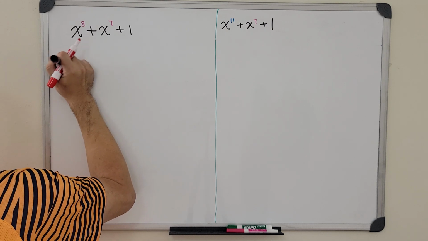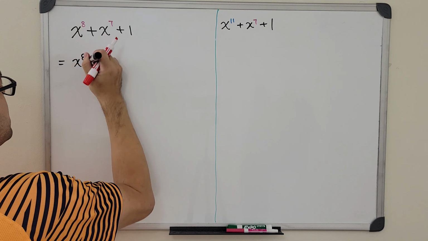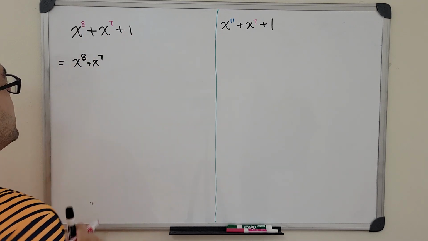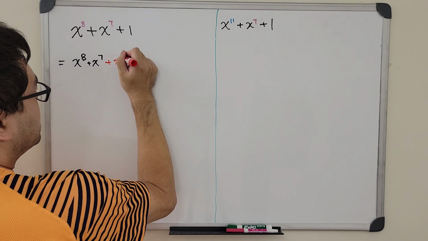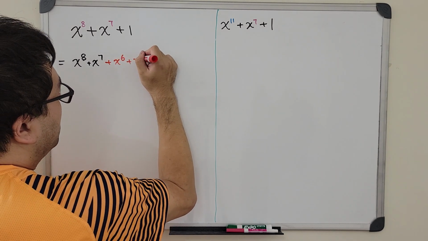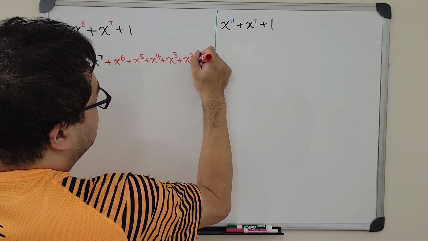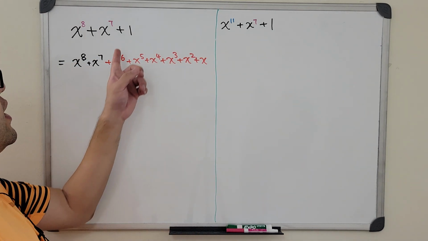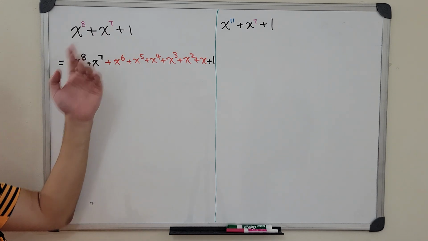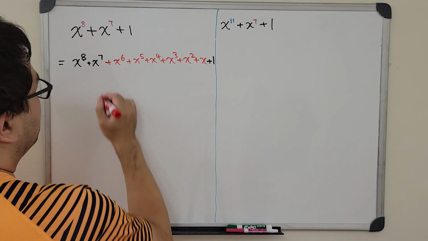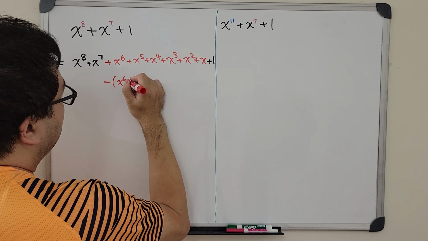So we can just try to put those in and fill up to get the expression x to the 8th power plus x to the 7th power plus the 6th power, so on and so forth, until we hit the first power, and then we'll add it with the constant 1 that we started off with. And again, of course, if we add the red part, we need to subtract all of them back.